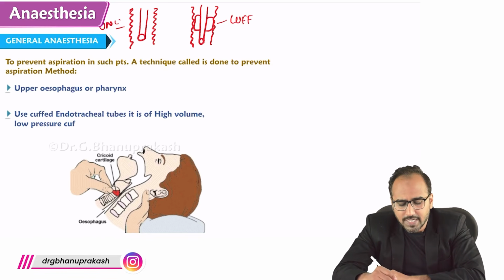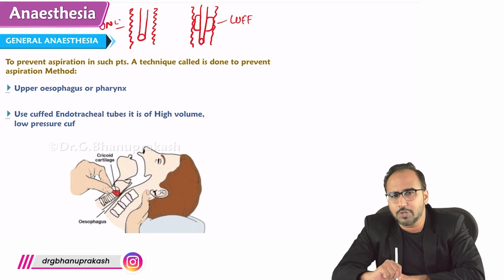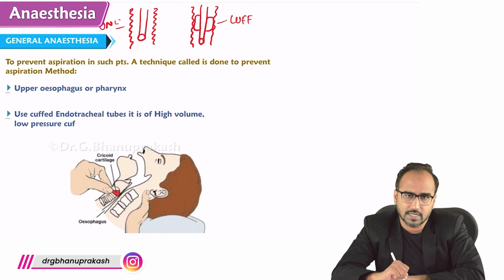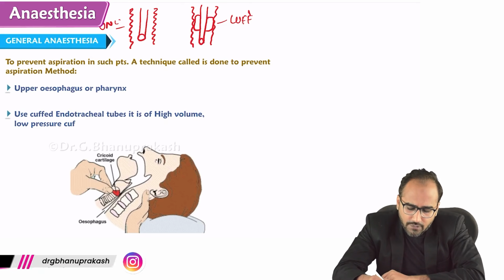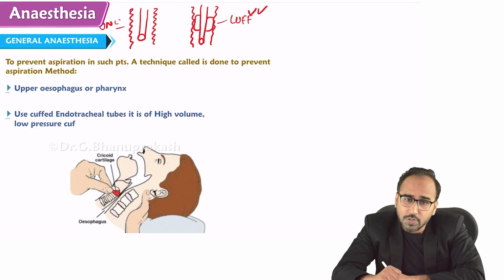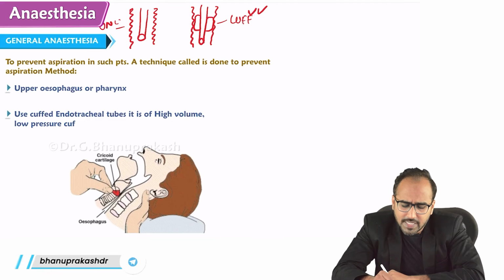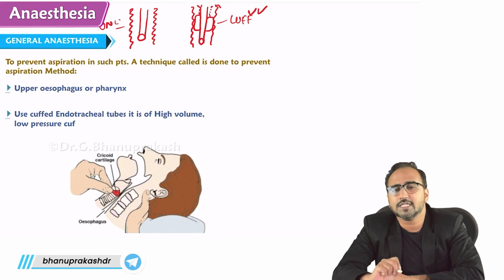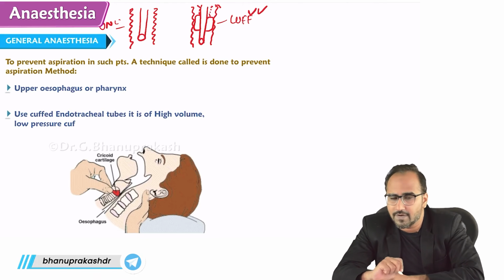Which endotracheal tube will you use to intubate this person who is full stomach? You always go for cuffed tube. Why do you go for cuffed tube? Imagine, guys, after intubation, if the patient regurgitates, can the regurgitant material go inside the lungs? No. So remember, you intubate the patient with cuffed tube.